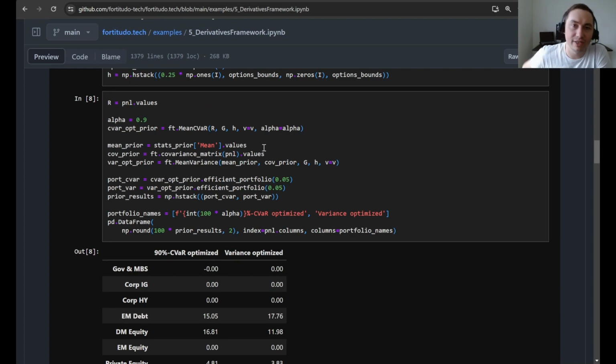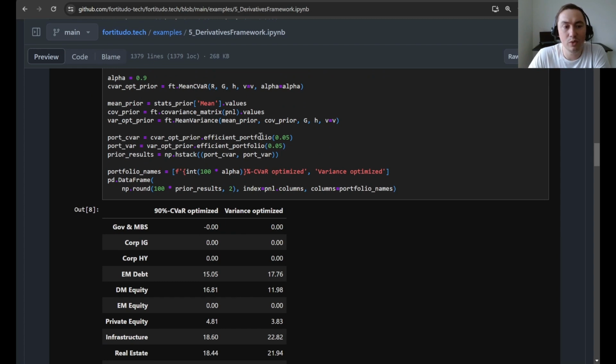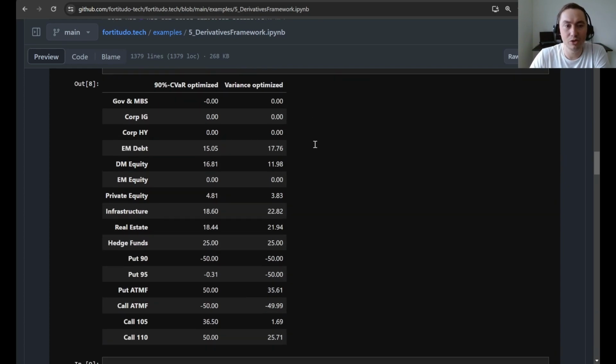If we want to do this for variance optimization, well, then we can just extract the mean values and compute a covariance matrix and then input that into the mean CVAR class together with the constraints and the relative market values. Then we perform an optimization where we say that the expected return of our portfolio should be equal to 5%. And here we just compare the results.